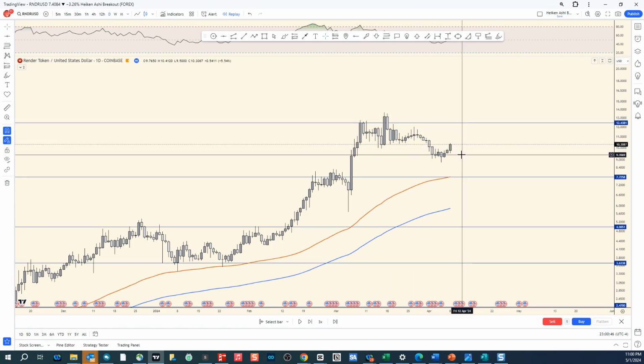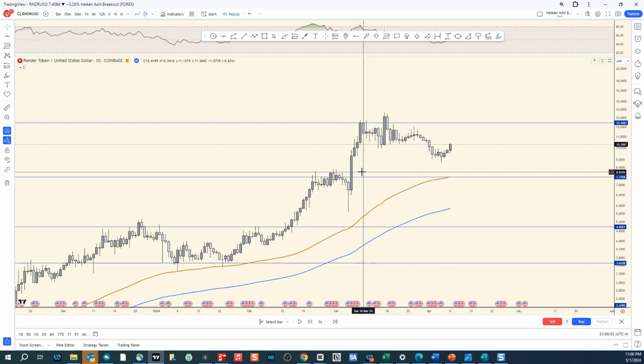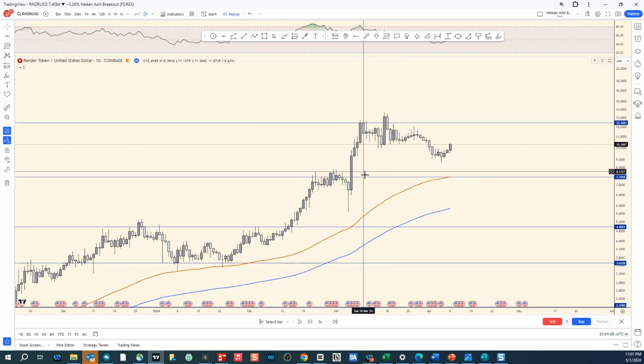Now we're looking down. So my first eye goes to this level right here. This would be a good supply and demand level. My first prerequisite is that the supply or demand level, or buy area or sell area, has to align with a support and resistance level. So our support and resistance level is right here.